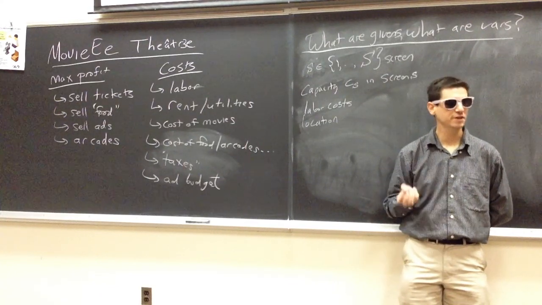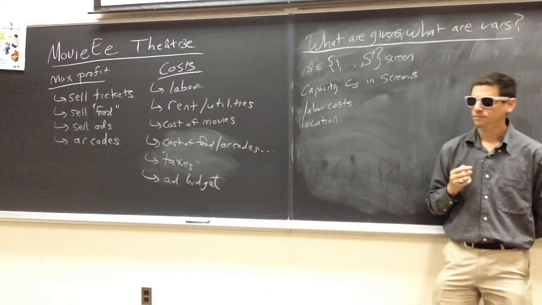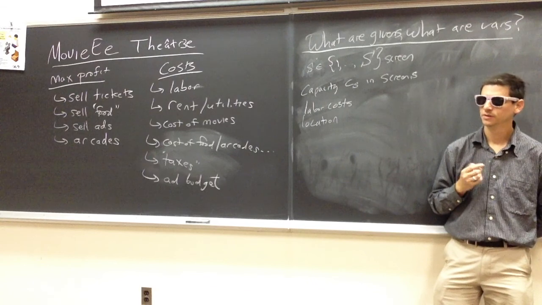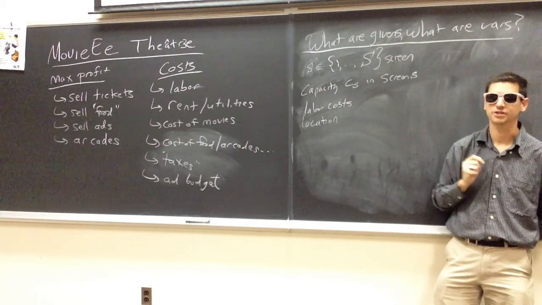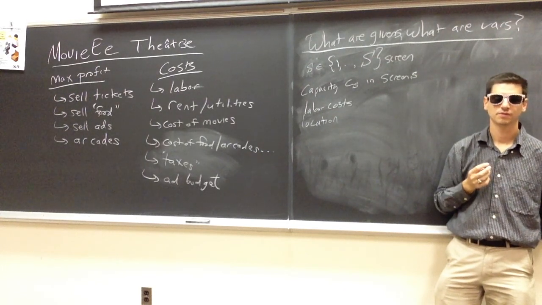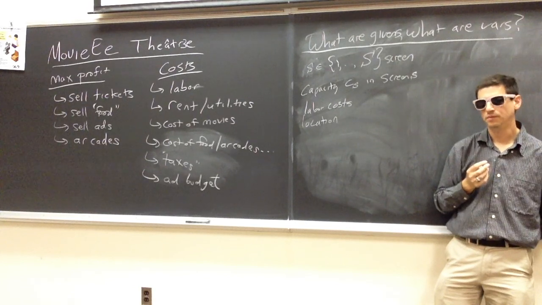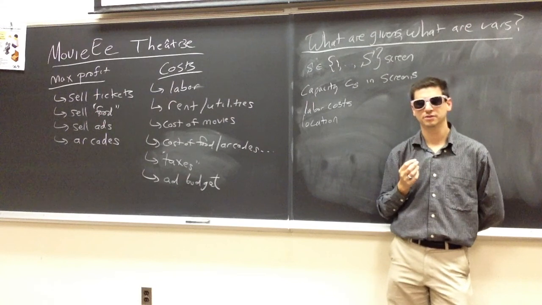Some things could either be fixed or could be variable. Parking? I'll consider that part of location, lumping that all together. What about how much food you're able to produce and sell? I'd probably consider that variable.